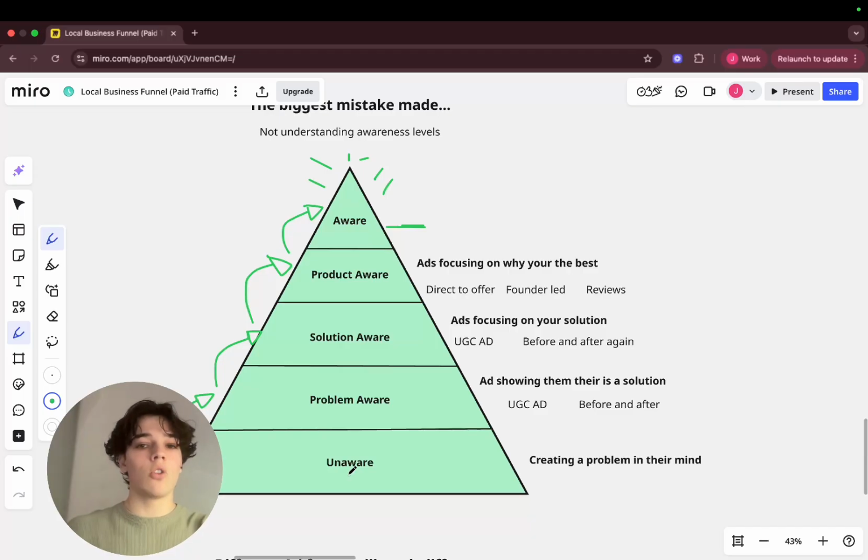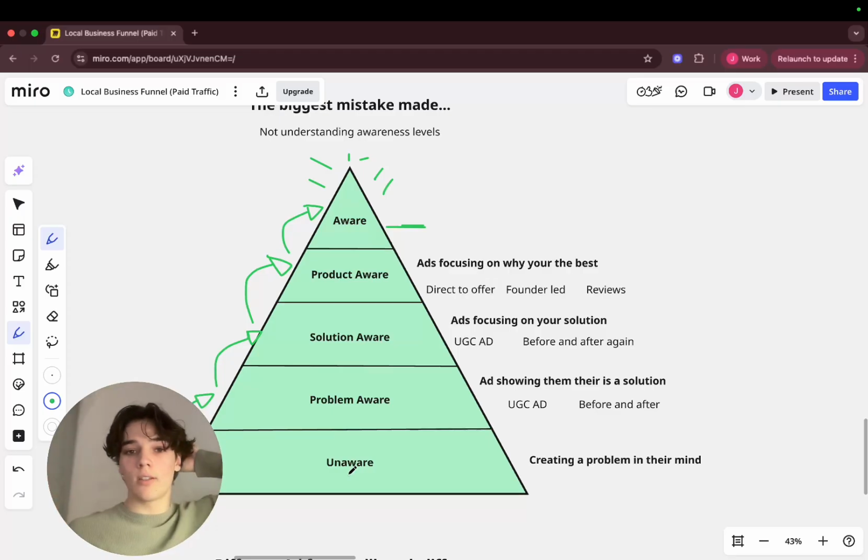And if you can do this correctly, you've gone from targeting 3% of the market, which is what a lot of people do with their ads, just posting an ad, whether it's a video or a still image of just their product and the price of it and their offer.